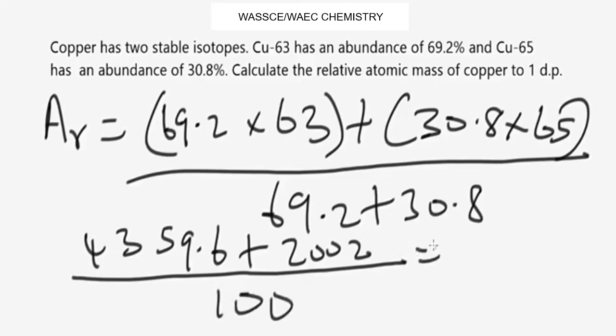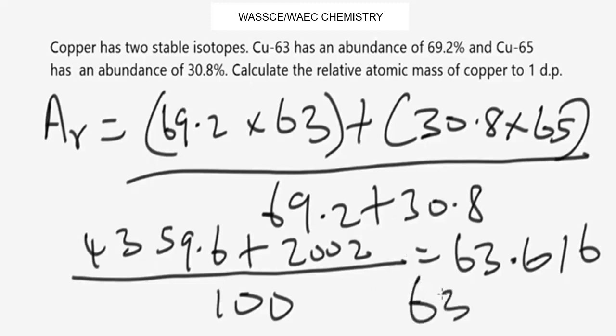So when you break this down, let me punch it in the calculator. We have the value to be 63.616. But remember, we were asked to leave our answer to 1 decimal place. So to 1 decimal place, the value will be 63.6, and this will be the answer.